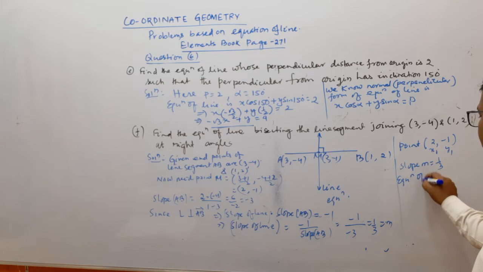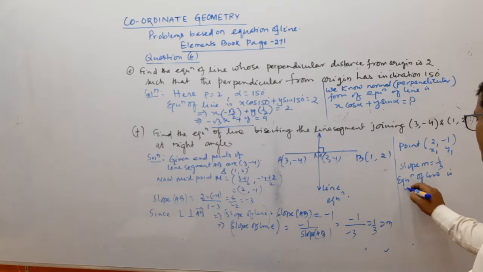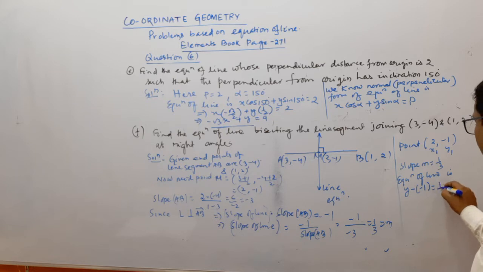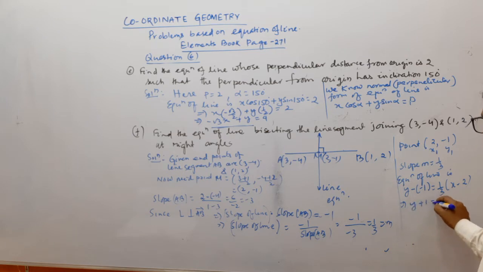Now the equation of the line is y minus y1 equals slope into x minus x1. That is y plus 1 is equal to 1 by 3 into x minus 2.